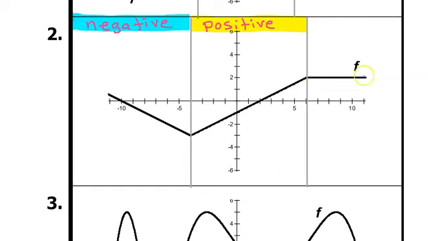In this last interval, remember f prime is the slope. And for a horizontal line like this, the slope is 0. So in fact, we can just go ahead and draw that right now. The slope is 0, so f prime is going to be 0 for this entire interval. So we can just draw a horizontal line at 0.